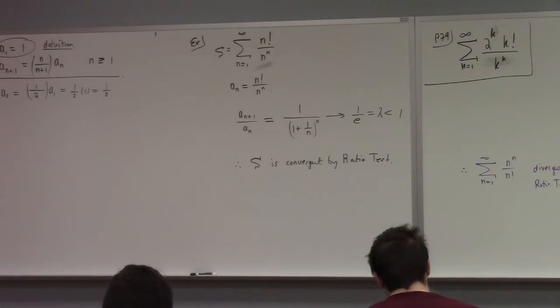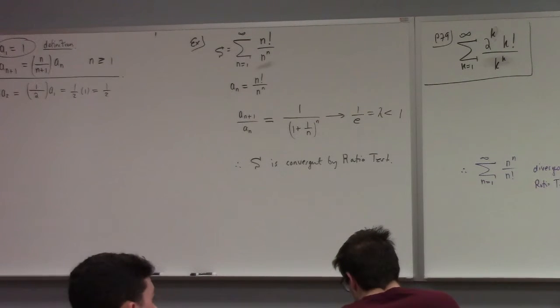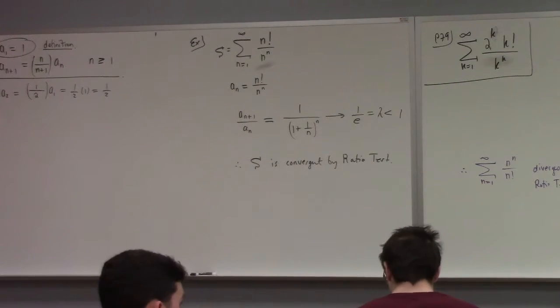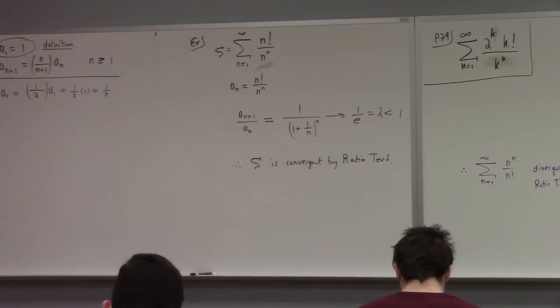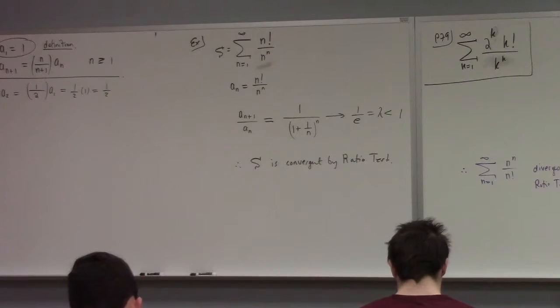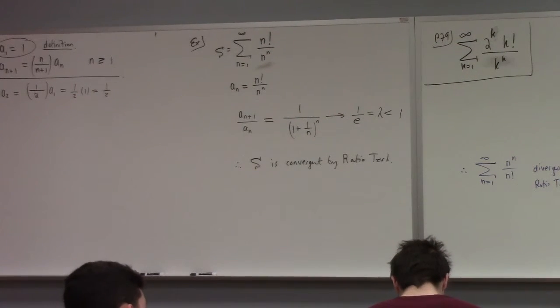Or how about we try 3 to the n over n factorial. See if we can make that less than or equal to something. Let's work on a related problem that's almost the same but a little bit different. So I want to give you the opportunity to derive this for yourself, okay?